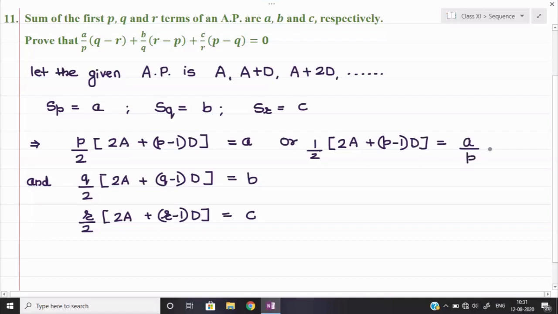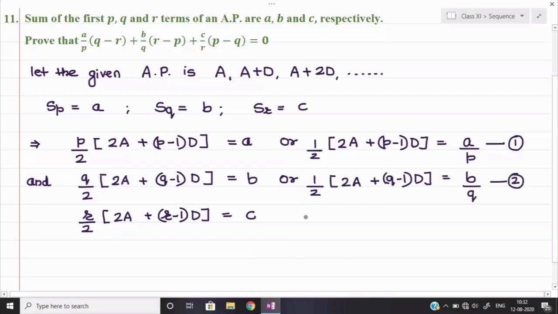P I have transferred here, and this is my equation number 1. In the same way I am manipulating the second equation also. That will be 1 upon 2 into the bracket 2A plus q minus 1 into D, and it would be equal to b upon q. Right, this is my second equation now.